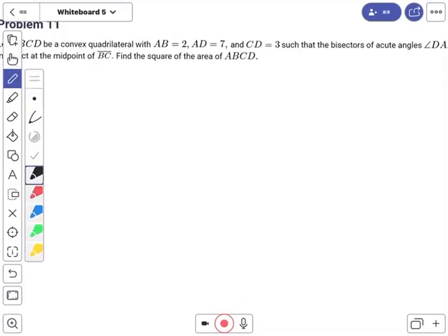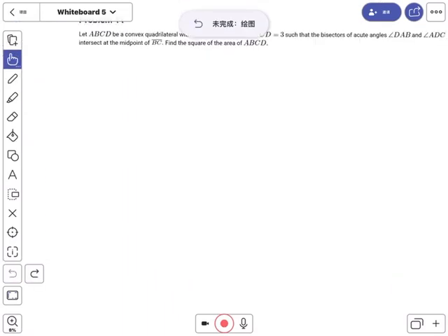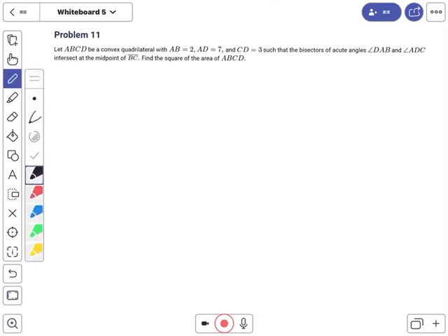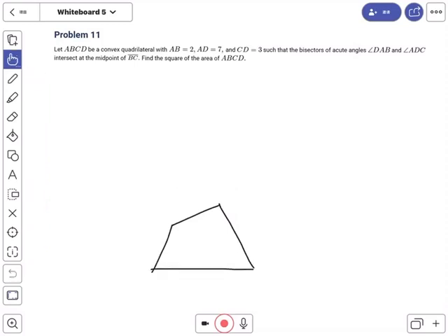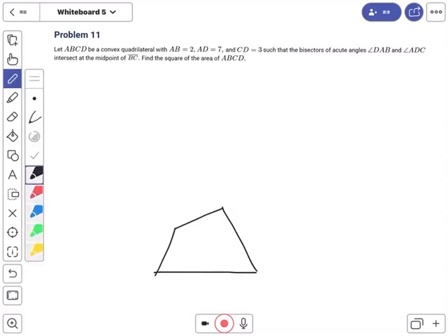So first, we're going to just start drawing a diagram. Let's say our quadrilateral looks something like this.